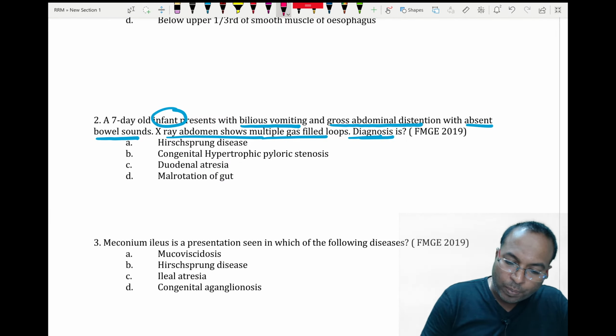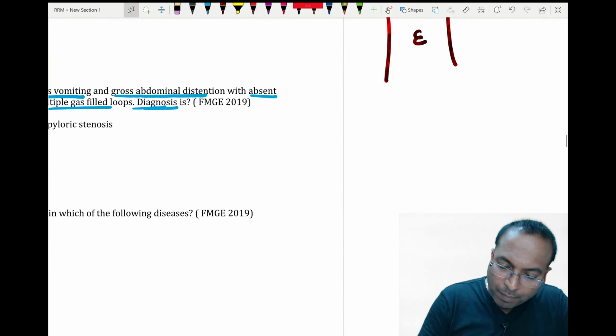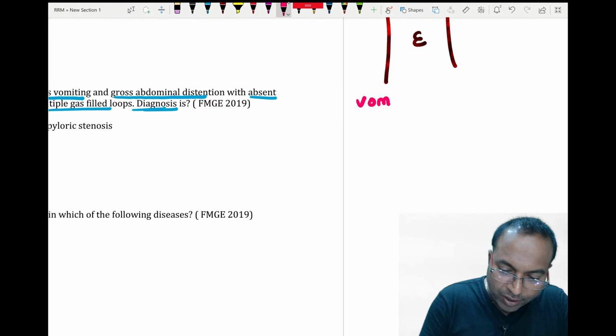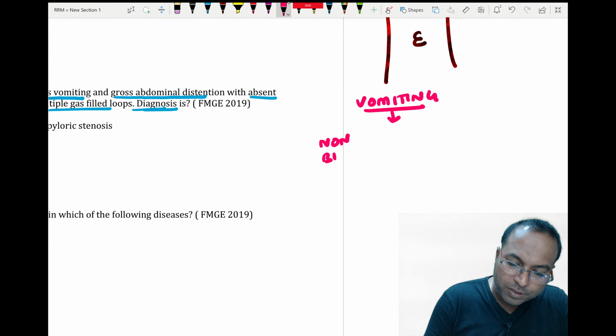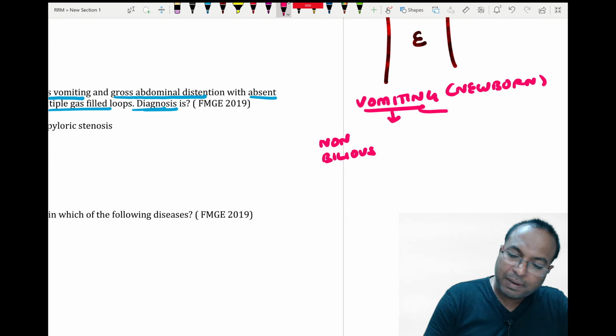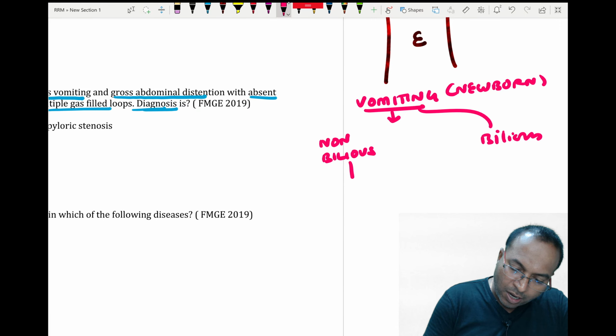So now here you should know the points about vomiting in a newborn baby. I wanted to clarify this concept. Vomiting in newborn can be of two types, non-bilious and bilious. Non-bilious is only one, that is congenital hypertrophic pyloric stenosis.